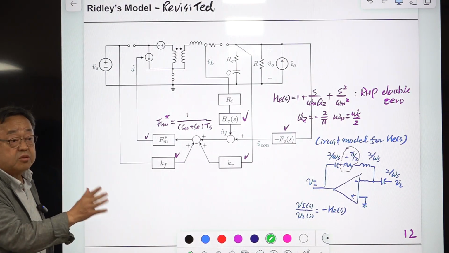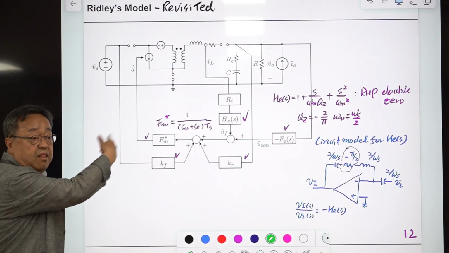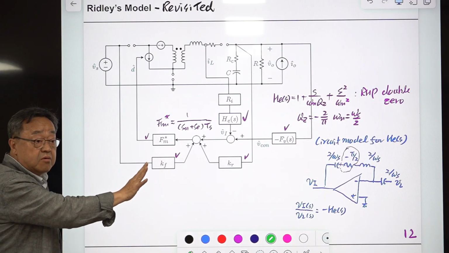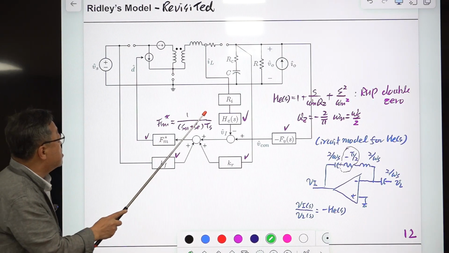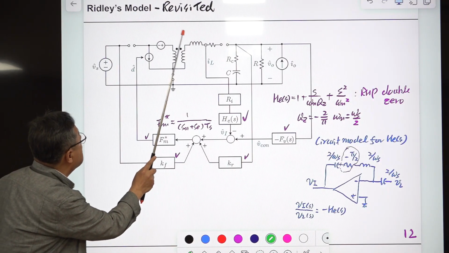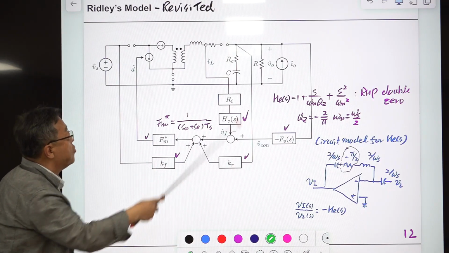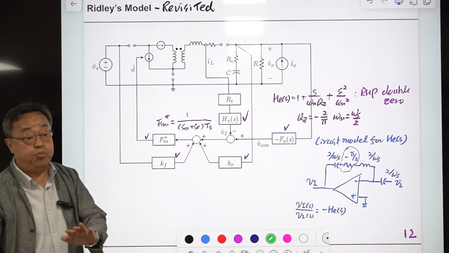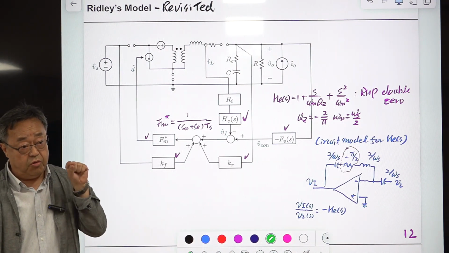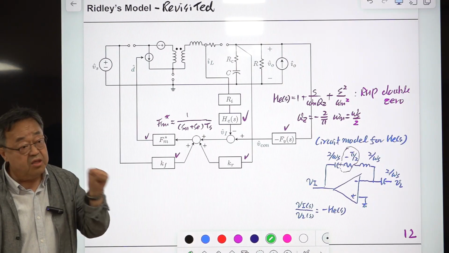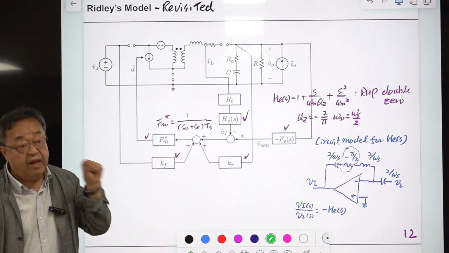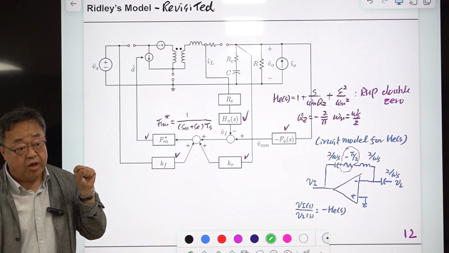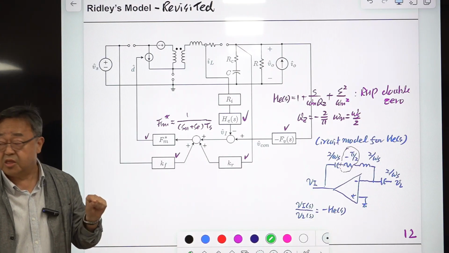That is the highlight of this modeling. We started from this control to inductor current transfer function, and later on this guy is smeared and propagated into the control to output transfer function in the form of an LHP double pole occurring at half the switching frequency.